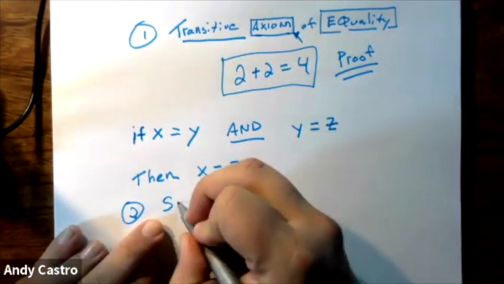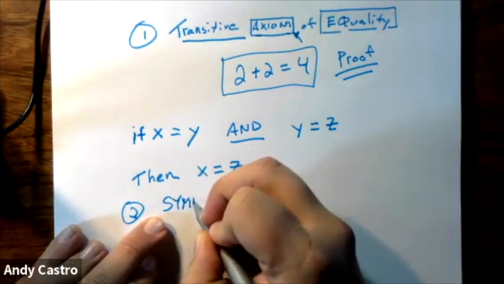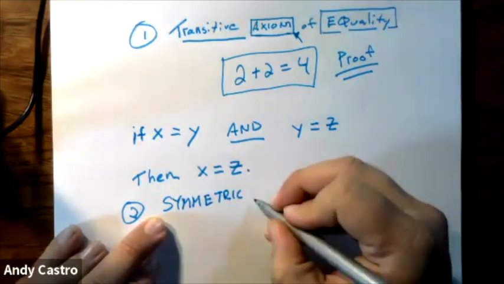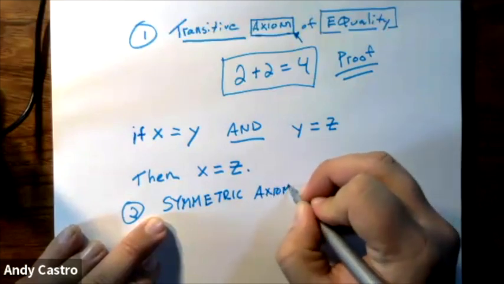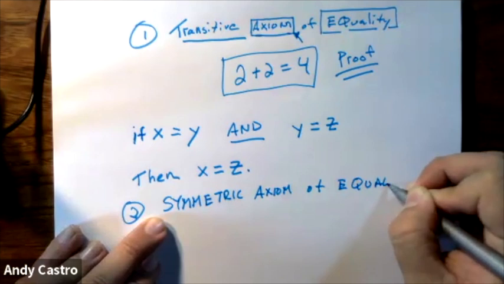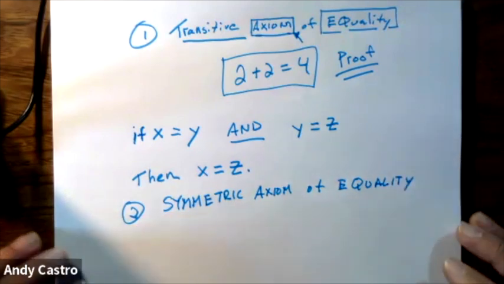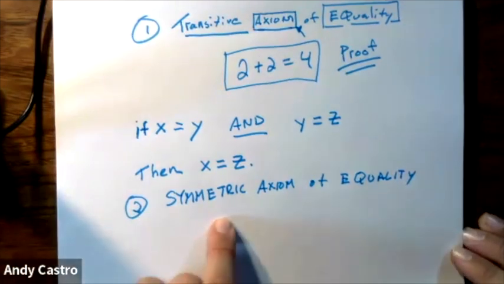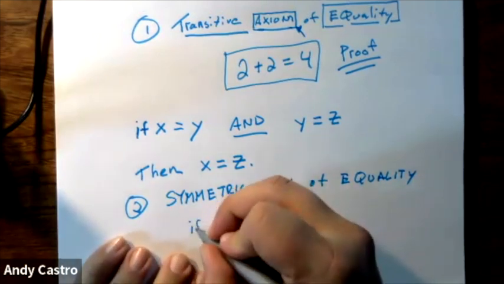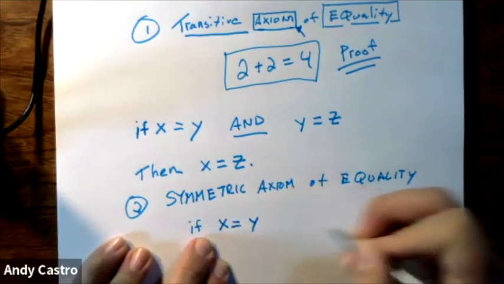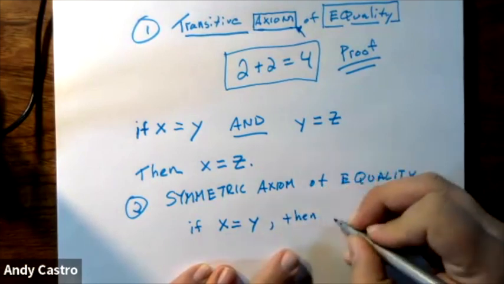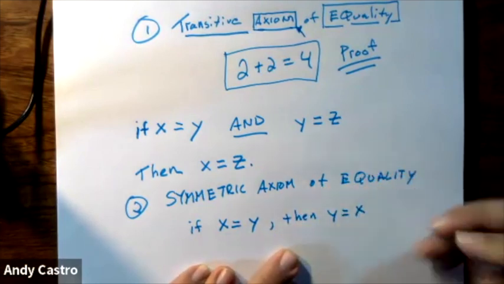This is known as the symmetric axiom of equality. The symmetric axiom of equality. It says that if x is equal to y, then y is equal to x.